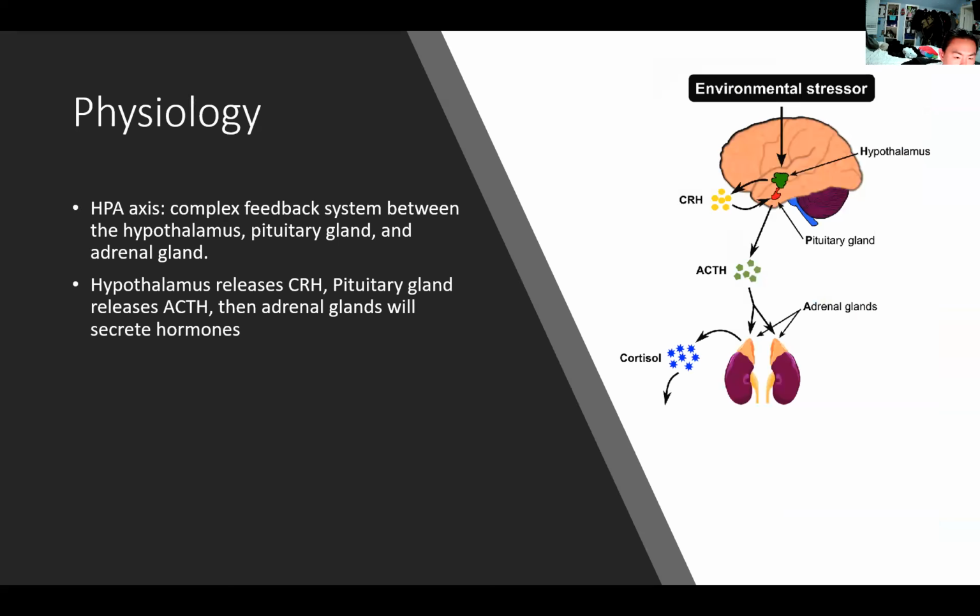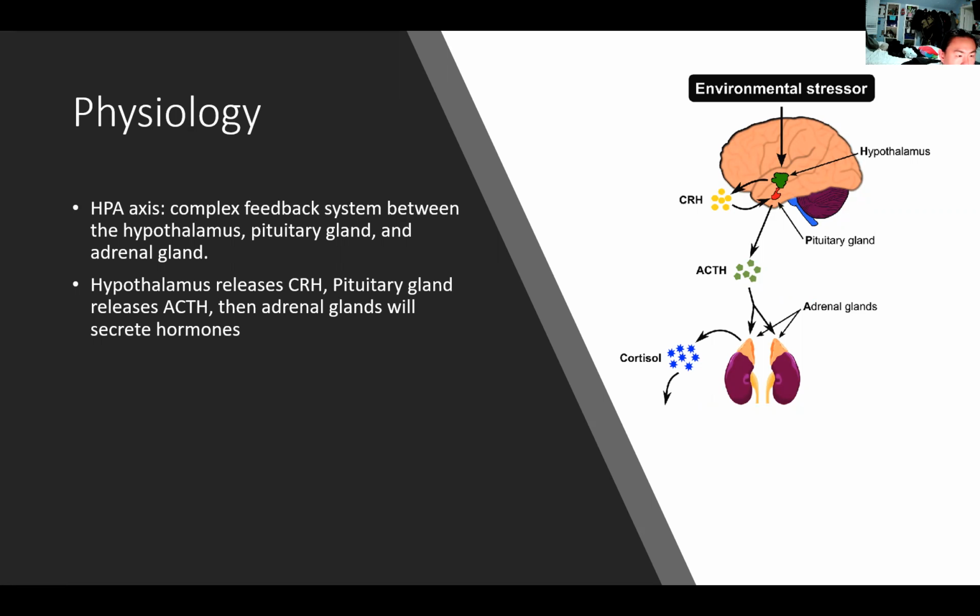For the physiology, the HPA axis, it's a complex feedback system between the hypothalamus, pituitary gland, and the adrenal glands. This is a negative and positive feedback loop that regulates the mechanisms of stress reaction and immunity. So the axis is started when the hypothalamus secretes CRH. The secretion of CRH can be due to stress.